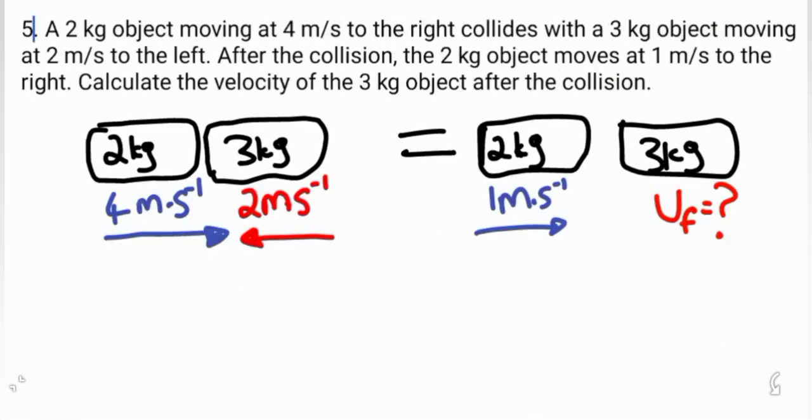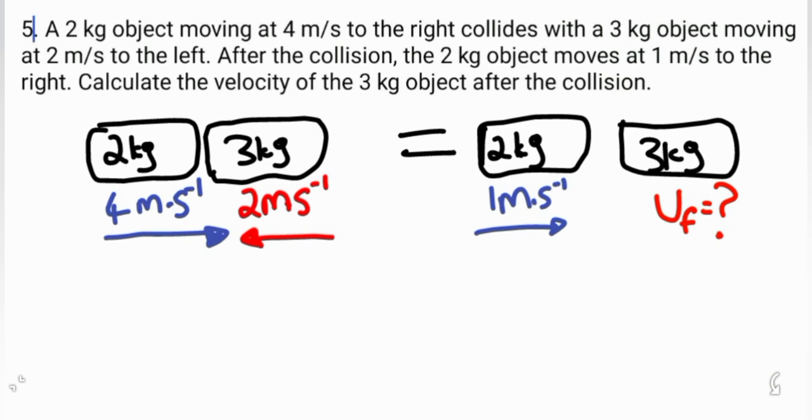Number 5. A 2 kg object moving at 4 meters per second to the right collides with a 3 kg object moving at 2 meters per second to the left. After the collision, the 2 kg object moves at 1 meter per second to the right.